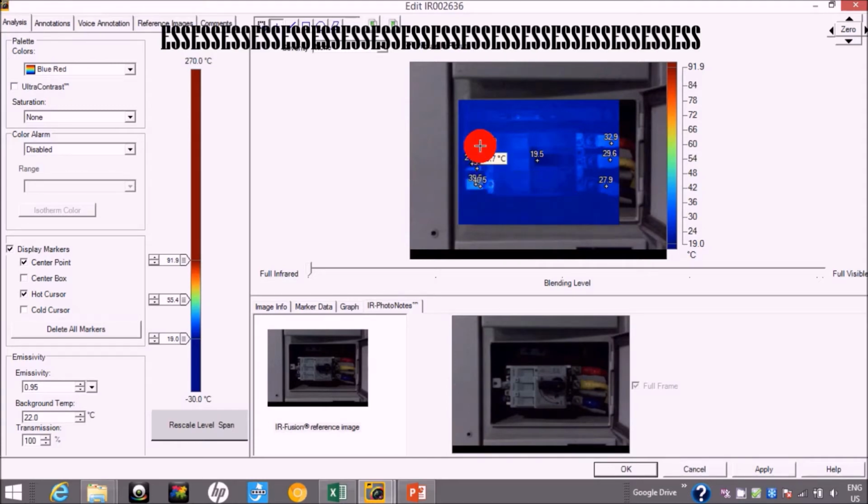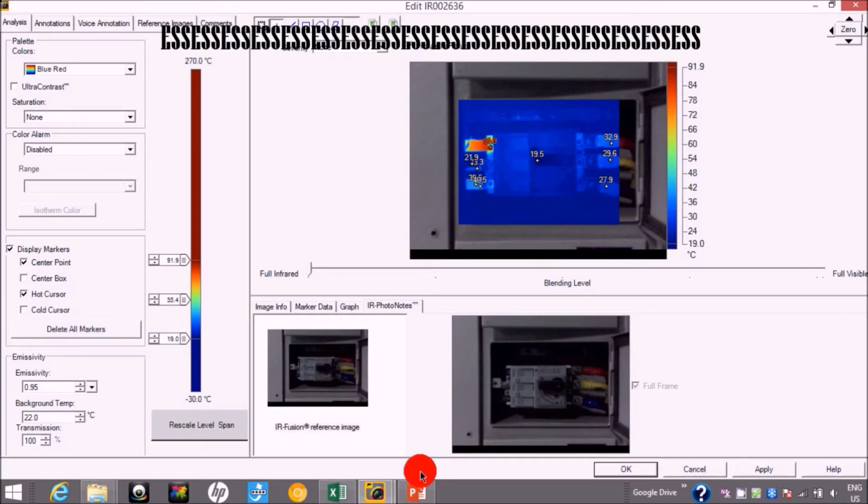Again, this consists of imbalance current and all this stuff. The picture is not very clear, but the idea was that we saw a very loose connection. Because of the loose connection, arcing formed, and now it has corroded. Now the corrosion has taken place.